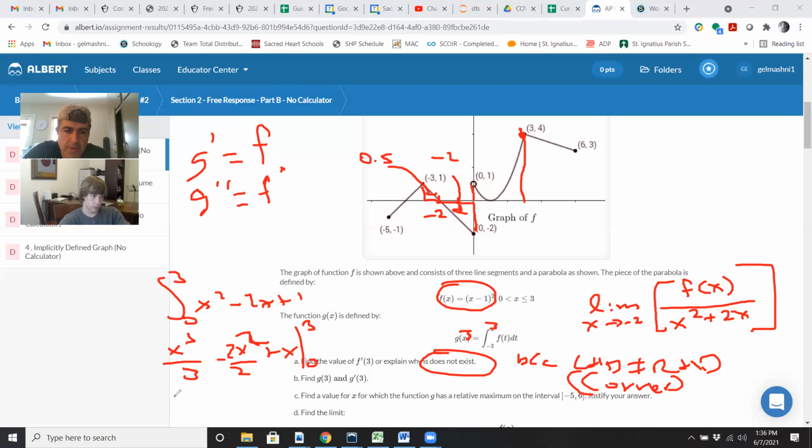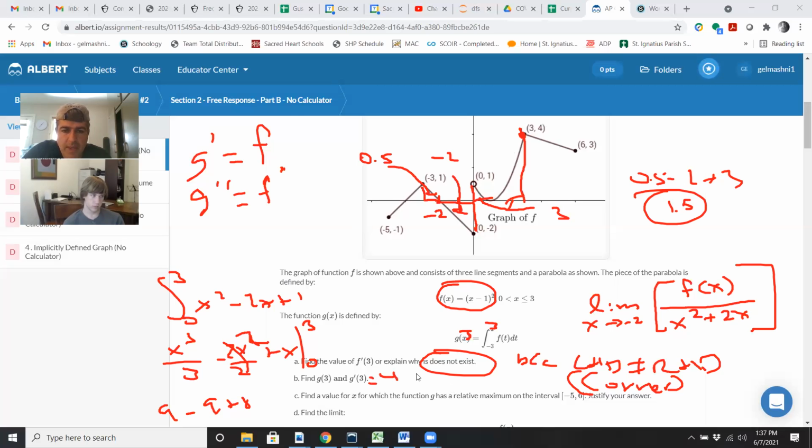Plug in 0, everything goes away, plug in 3, you get 9 minus 9 plus 3. So that's an area of 3. So it's 0.5 minus 2 plus 3, that's 1.5. And G prime of 3 is just going to be f of 3, and that's easy, that's just 4.